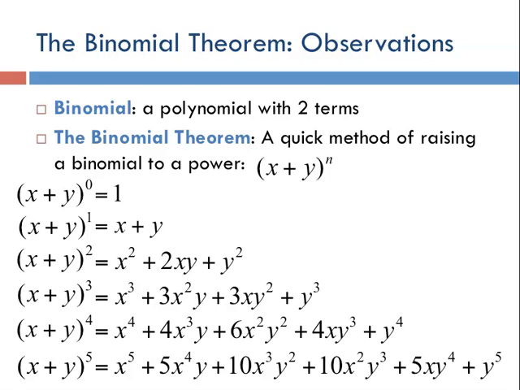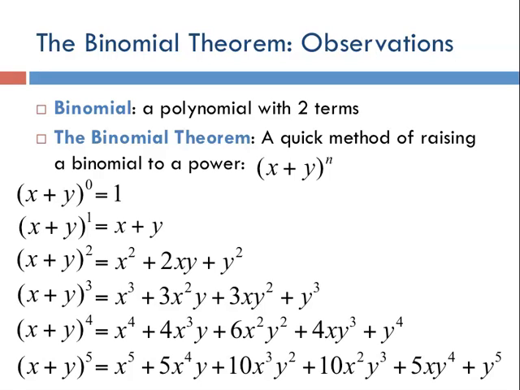And then for y, same thing, but it goes the other way. Y to the 0, so it's not there. Y to the first, y squared, y cubed, y fourth, y to the fifth. So this pattern you'll see shows up constantly. If you look at the second to last row, we have x to the fourth, x cubed, x squared, x, x to the 0, and y goes the other way, y to the 0, y to the first, y squared, y cubed, y to the fourth, and so on. Okay, so that's another thing to notice.